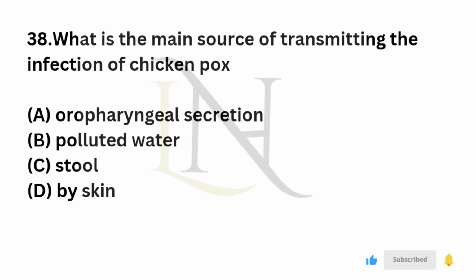What is the main source of transmitting the infection of chickenpox? Option A, oropharyngeal secretion. Option B, polluted water. Option C, stool. Option D, by skin. Answer is Option A, oropharyngeal secretion. Chickenpox is caused by varicella zoster virus, human herpesvirus 3. The incubation period is 14 to 16 days, wide range 10 to 21 days.